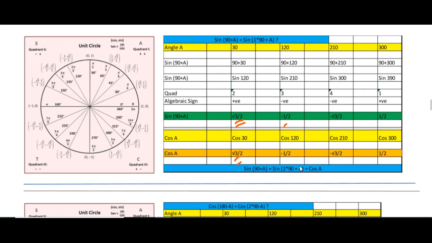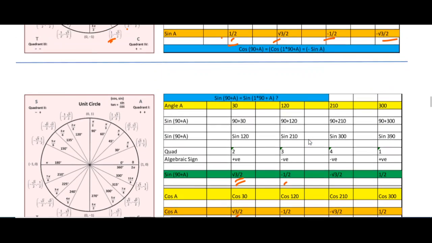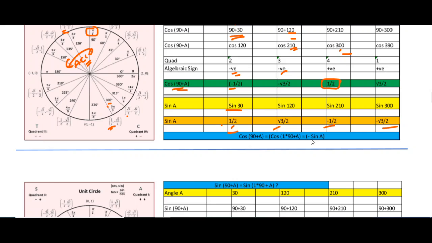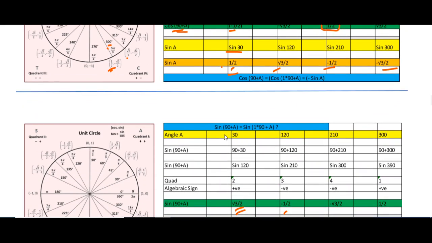So there is no play of algebraic sign, you just match the numeric and algebraic sign both, so it's straightforward. So till now we have seen the formulas for 90 plus a, or the odd multiples of 90, or the angles relative to the y-axis, whether clockwise or anti-clockwise.